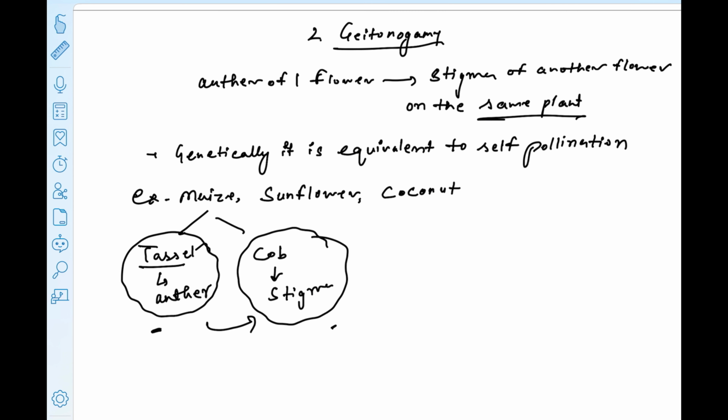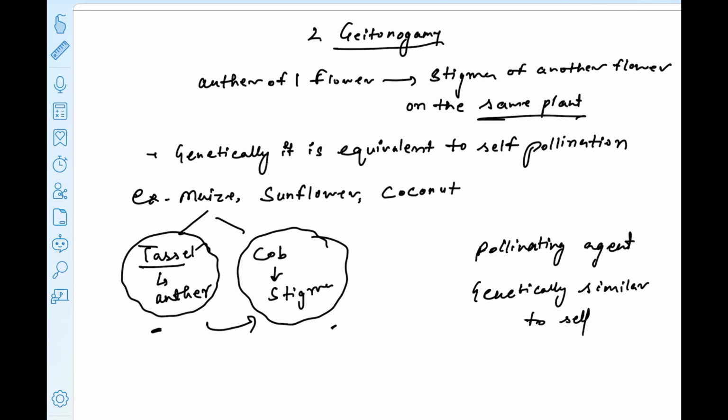So this condition, geitonogamy, requires a pollinating agent. It cannot be achieved without pollinators because pollen grains have to be transferred to another flower, but it is genetically similar to self-pollination. No new variation is introduced.